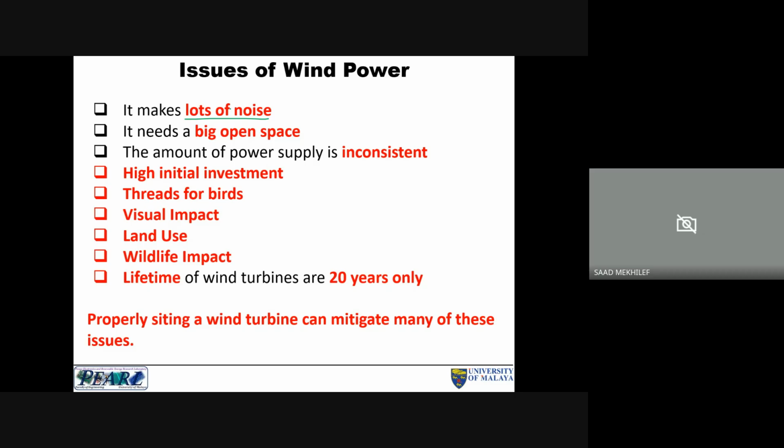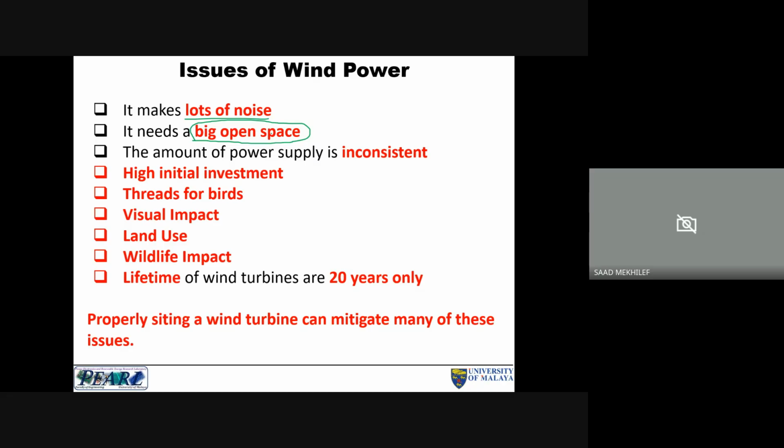Okay. And sometimes it needs open space. That's also another issue, which is similar to solar. So you need an open space. It means when you install this wind turbine, it needs to be facing, for example, the sea, and we cannot have buildings or whatever in front of them, because they block the wind.